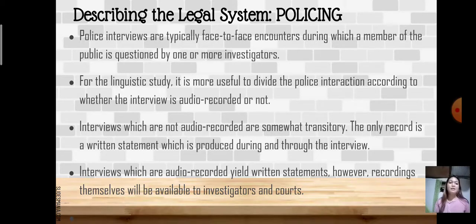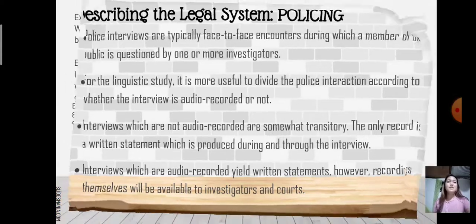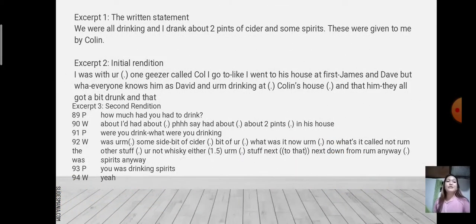So this is an example of a written statement on a crime where his friend was murdered. In excerpt 1 and excerpt 2, it is the written statement. In excerpt 3 comes the rendition.